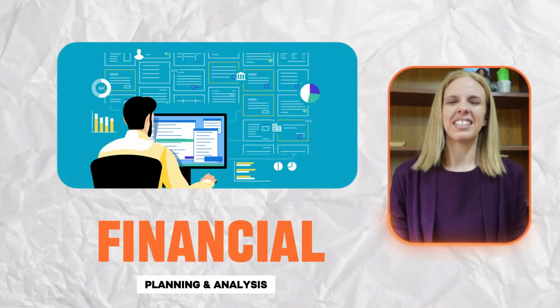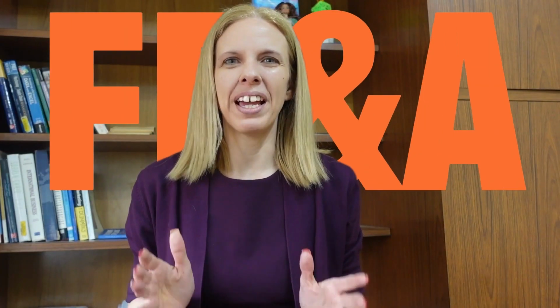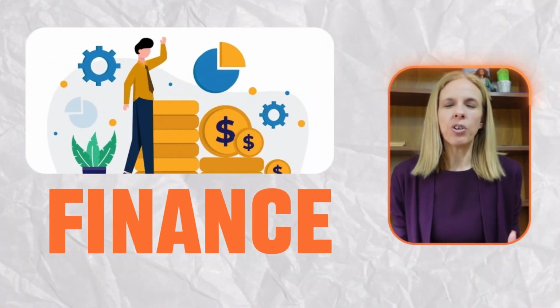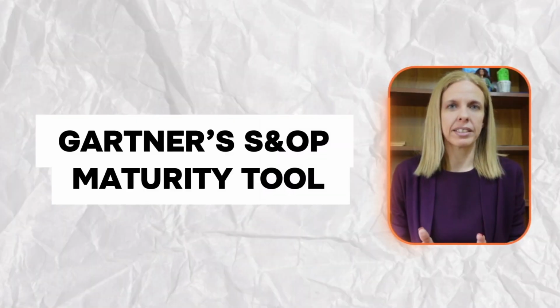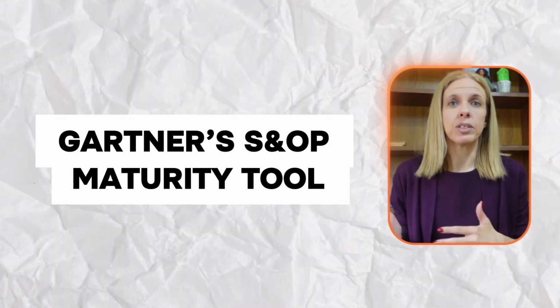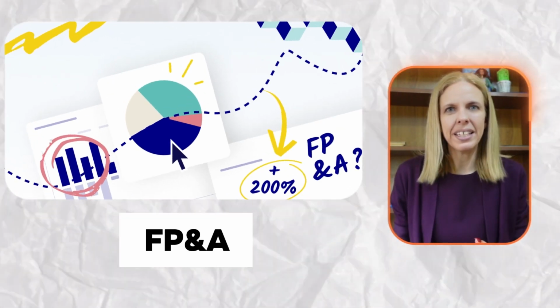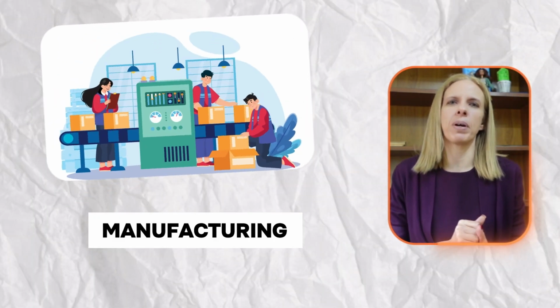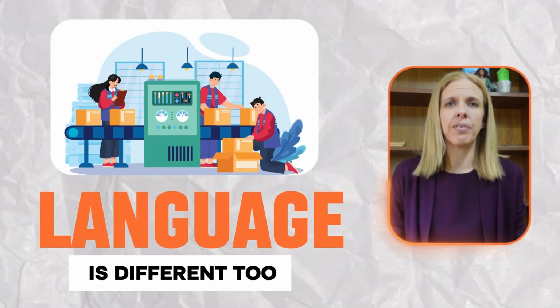Financial planning and analysis, FP&A. FP&A resides in finance. In contrast to the less mature S&OP stages, which are stages 1 through 3 per Gartner's S&OP maturity tool, FP&A involves all the business, extending further than manufacturing. The language is different too.